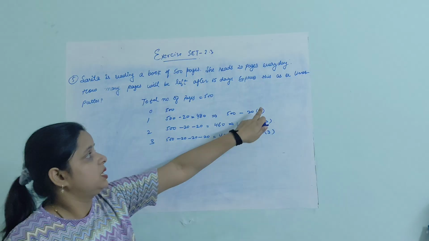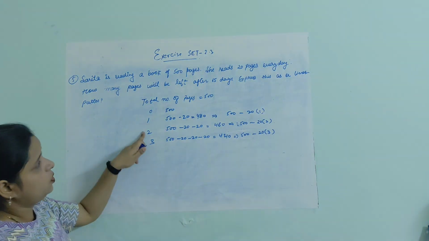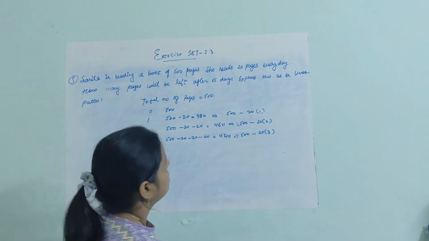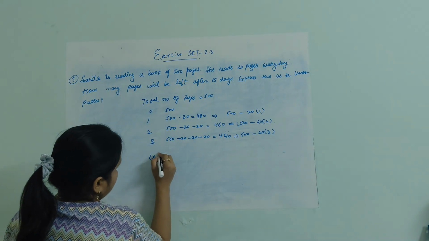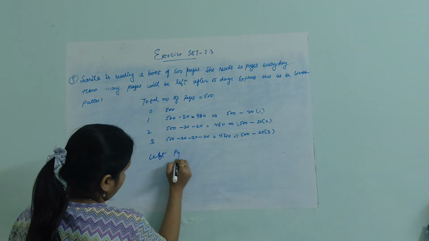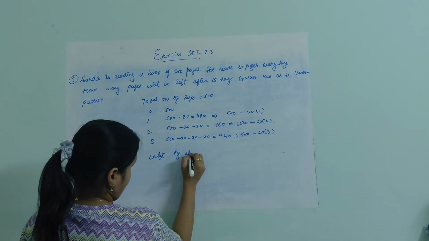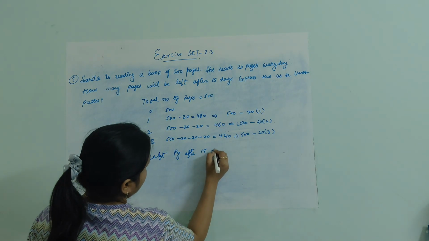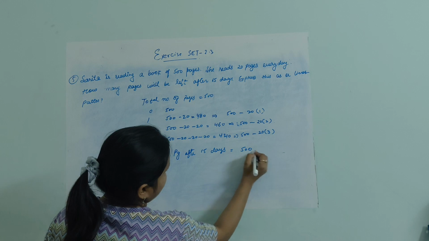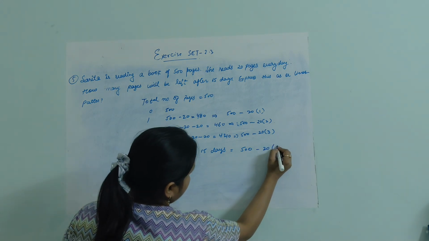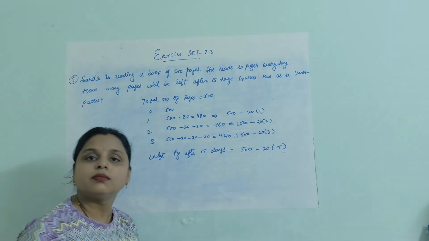That means these are the number of days, correct? 1, 2, 3, these are the number of days. We can say left pages after 15 days equals 500 minus 20 into 15.